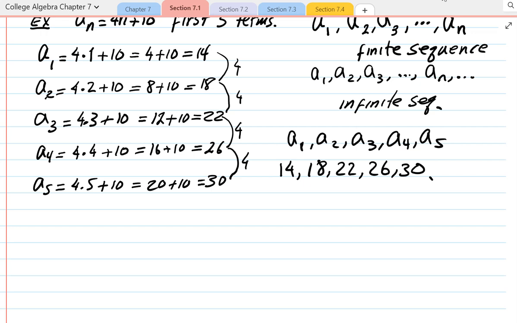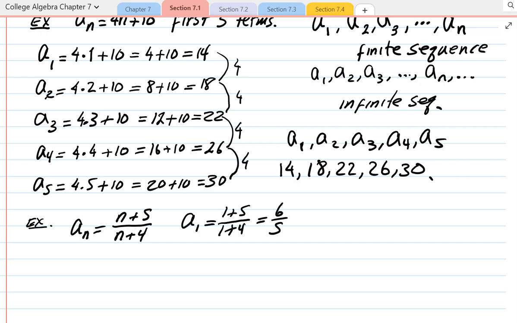Okay, let's take a look at another example. So for instance, in this other example, suppose I have a sub n is equal to n plus 5 over n plus 4. Something like this one. And again, we're just going to plug in for the expression 1 plus 5 over 1 plus 4. So that's going to be 6/5. A sub 2 is going to be 2 plus 5 over 2 plus 4. That's 7/6.